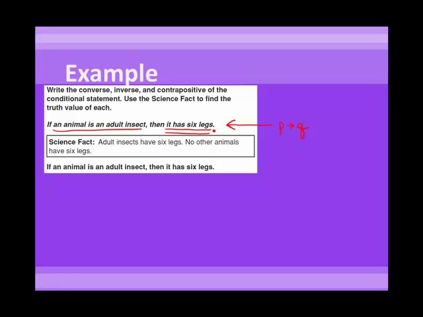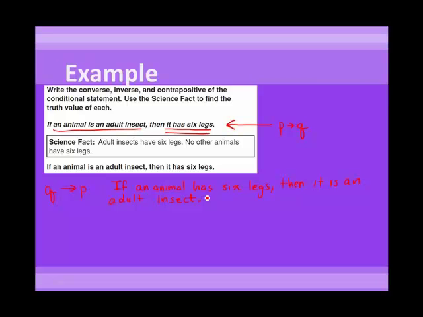So we want to take that statement, if an animal is an adult insect, then it has 6 legs, and write the converse. Remember, the converse is Q implies P. So our statement would be, if an animal has 6 legs, then it is an adult insect.